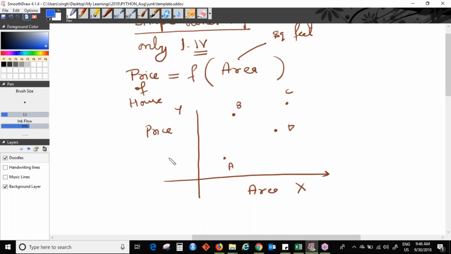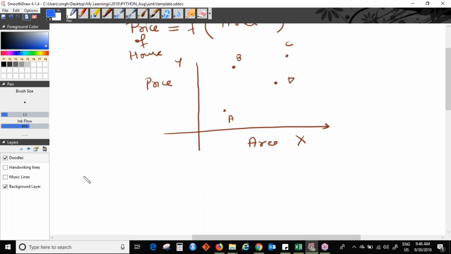So instead of finding f, we find a function g which is very similar to f, very close to f, but has a small error.